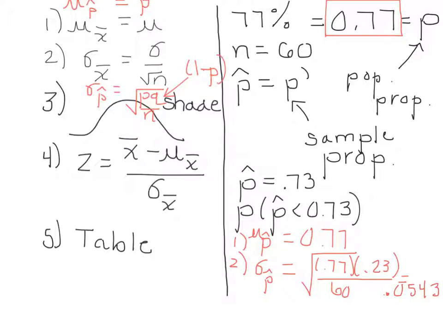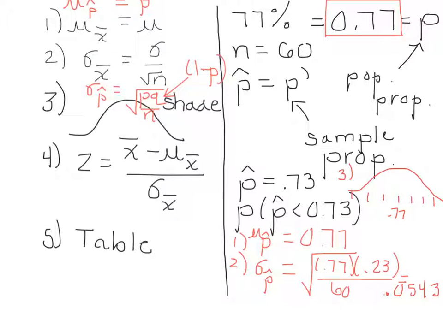Step 3 is to draw our normal distribution, and this will be normally distributed because n is large. There's more to why it's large, but this is just an extension, so I won't elaborate on that. My sampling distribution, I'm running out of space here, should be centered at the mean that I just determined, which was 0.77, and I should count out by my standard deviations that I just computed in step 2.